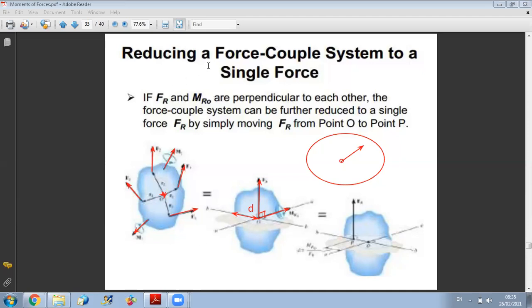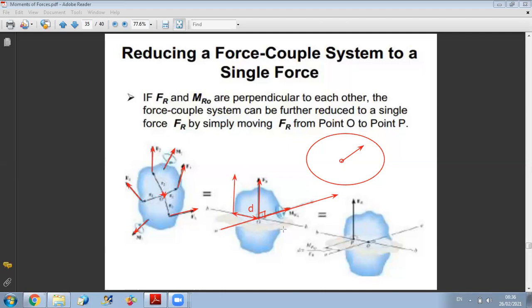Yes, because if I put my force here, for example, what will be its moment about this axis? Its moment will be equal to the perpendicular distance between them times F. So when I displace my force in this direction, it will create a moment about it.